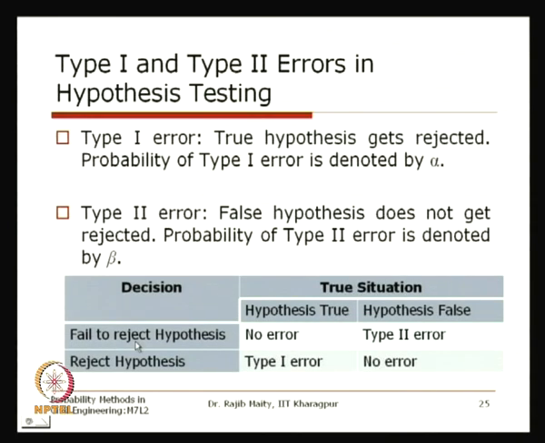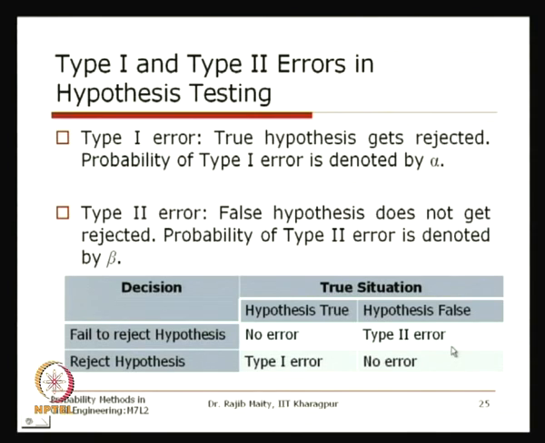If we fail to reject the hypothesis and it is false, then that is the type 2 error, as explained here. On the other hand, if we reject the hypothesis and it is true, then this is the type 1 error. And if we reject the hypothesis and it is false, then there is no error. The probability of type 1 error is denoted by alpha, and the probability of type 2 error is denoted by beta.